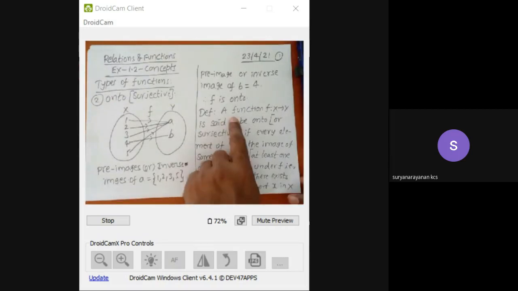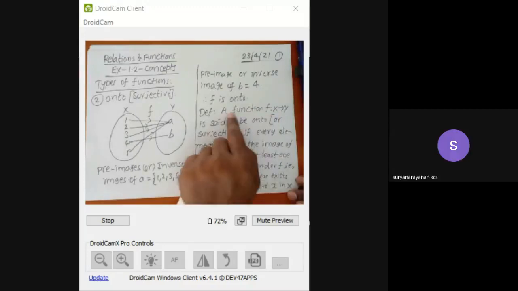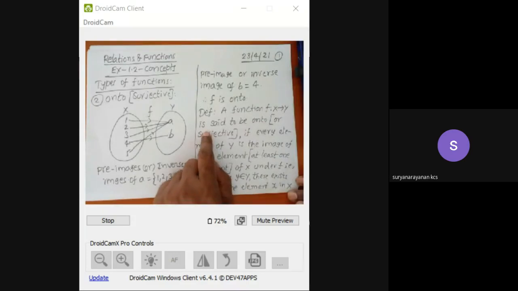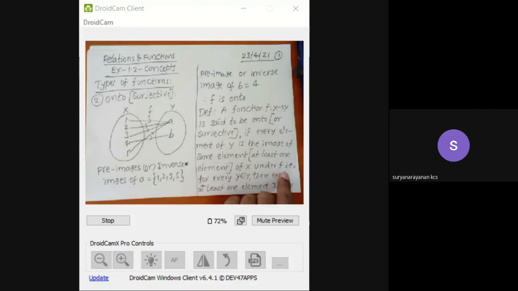A function f is a mapping. Previously, I told you how to read this notation. Do you remember that point? Yes, sir. A function f is a mapping from X to Y, is said to be onto or surjective if every element of Y is the image of some element, at least one element of X under f.